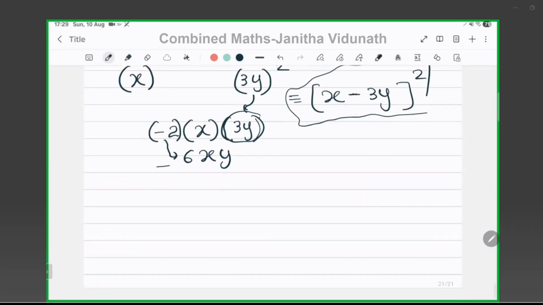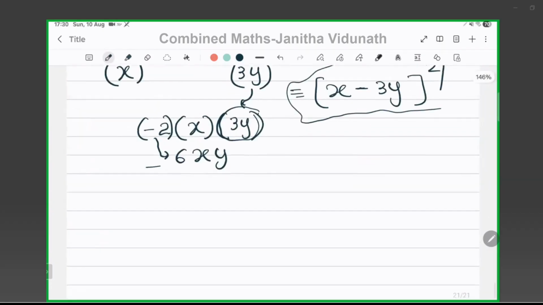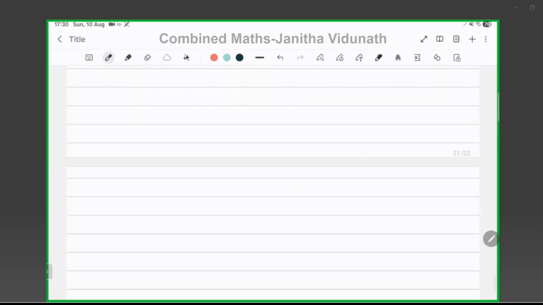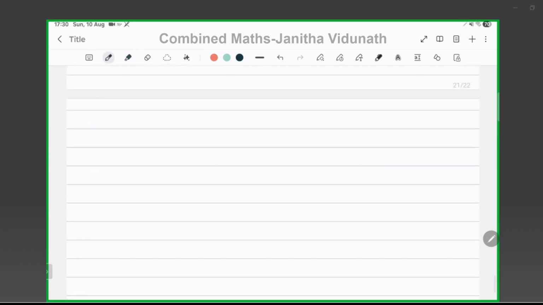Let me give another example for further understanding. Think we have 9x square minus 6x plus 1. First we try to identify whether there are two square terms.